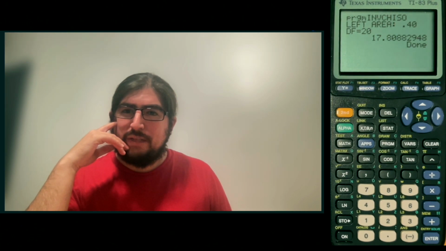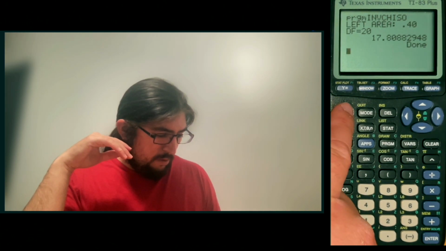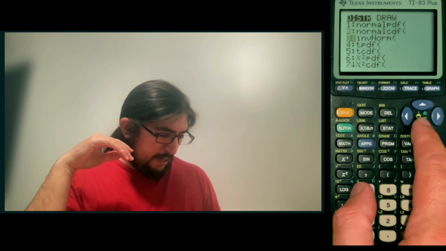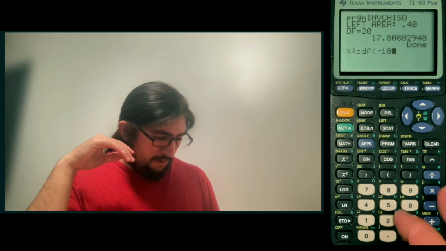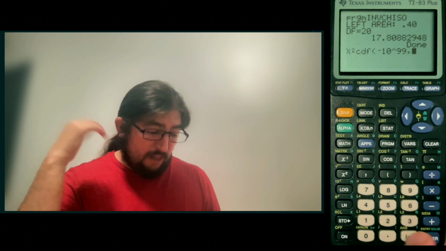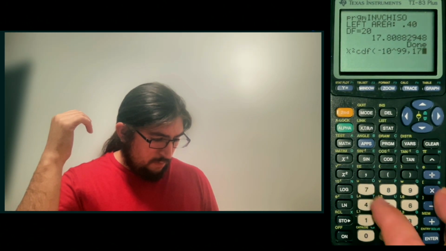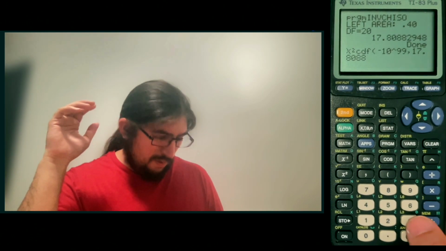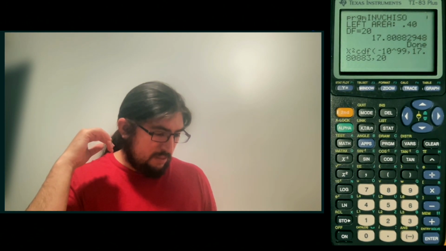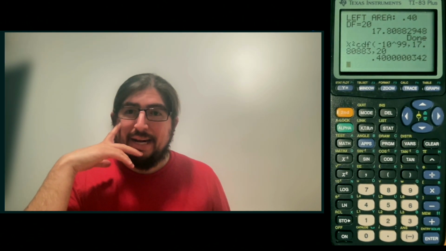And by the way, just so we understand what's going on here, if we were to calculate chi-squared from negative infinity to the value we just found, the 17.808 number. Really, it's 809 if you round, but let's just do 8088, so maybe it'll be more accurate. Comma the degrees of freedom. This should give us the left area of 0.4, and it does.